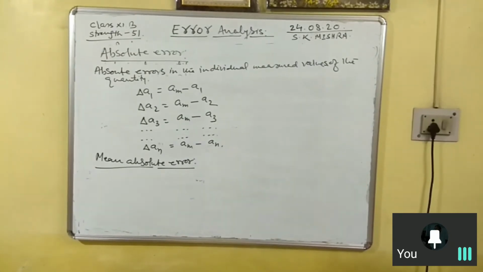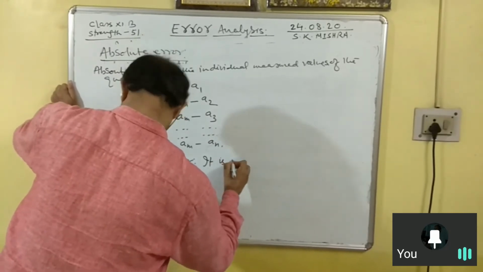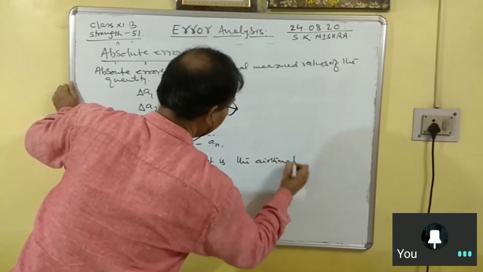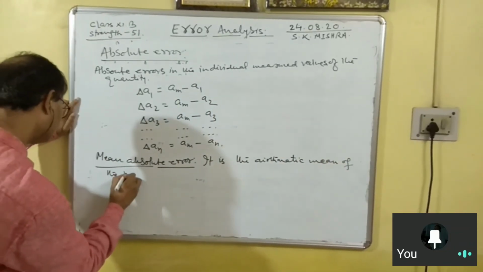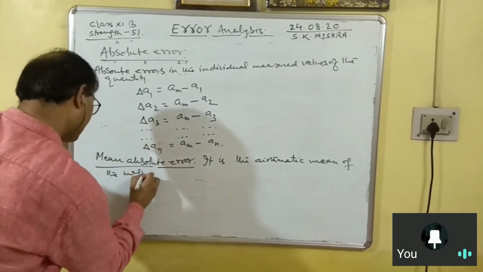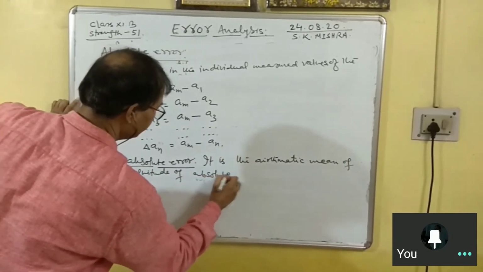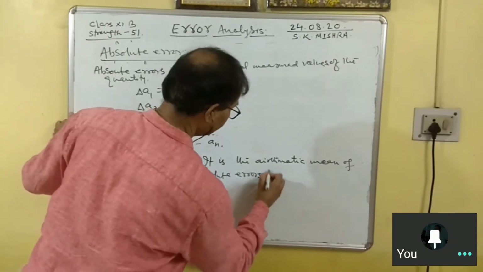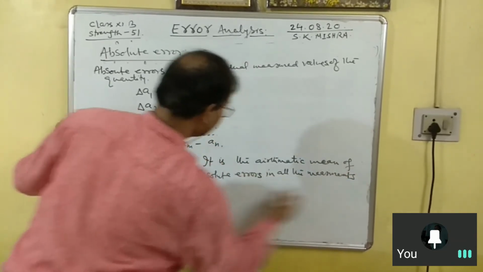So it is the arithmetic mean of the magnitude of absolute errors in all the measurements of the quantity.